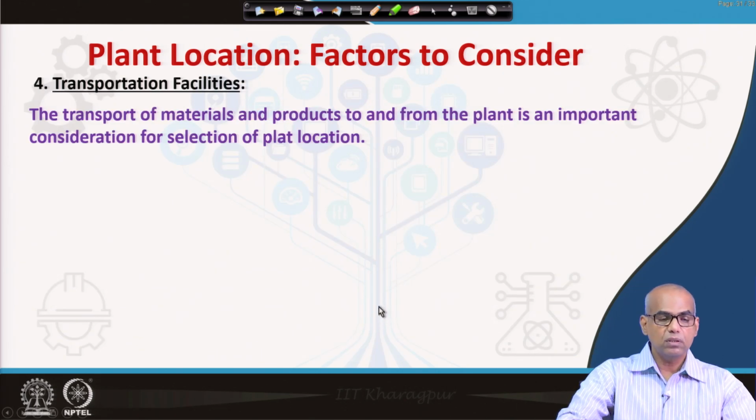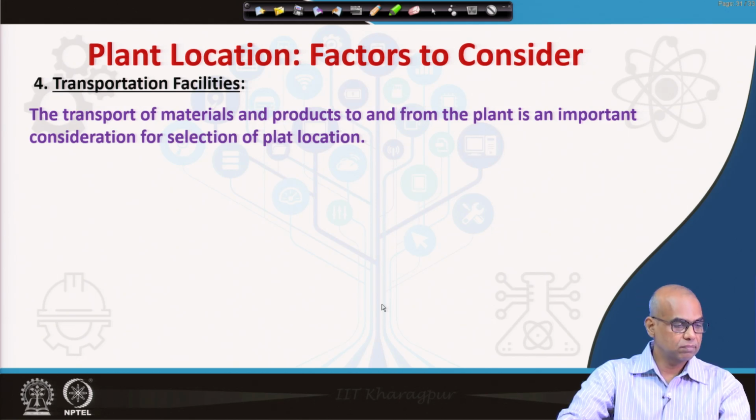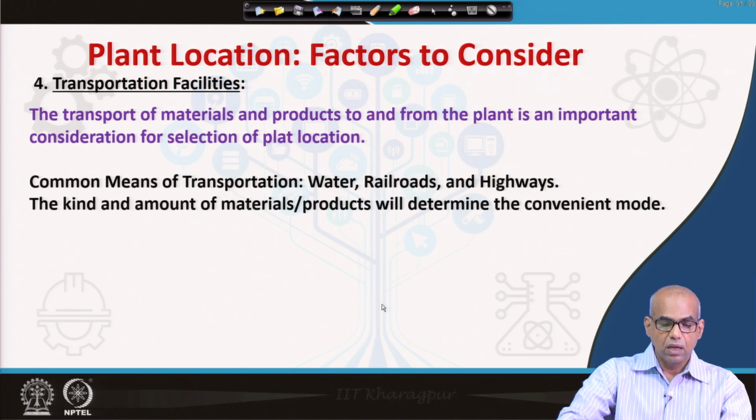Next, let us talk about transportation facility. The transport of materials and products to and from the plant is an important consideration for selection of plant location. Common means of transportation are water, railroads and highways. The kind and amount of materials or products will determine the convenient mode.